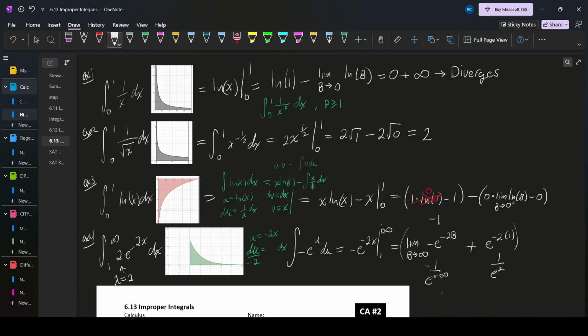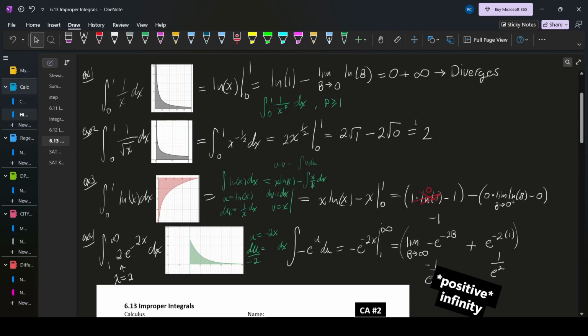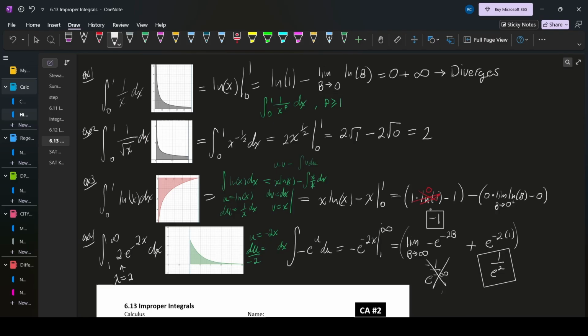One of the first limits that we reviewed was e to the negative x as x approaches infinity, which converges to 0. So we can replace this term with 0, and we get our answer, 1 over e squared. Please do not put boxes around your answers on the AP exam. I'm just doing that here to show you what the answer is in case you fast forward.